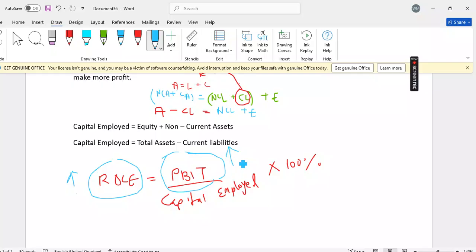Because remember, this money that you're investing is for the operations of the business. So if these operations are generating more profit, then that's a good thing.